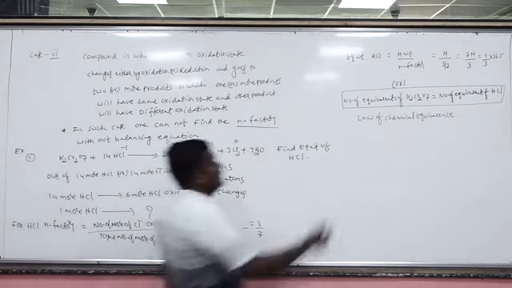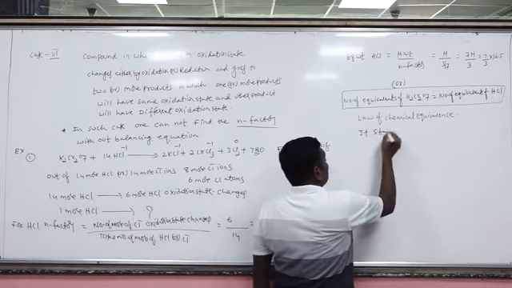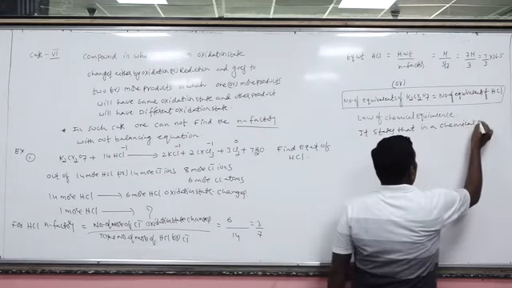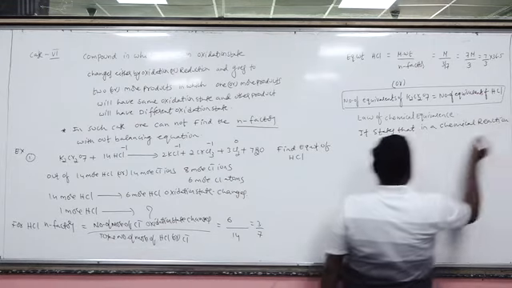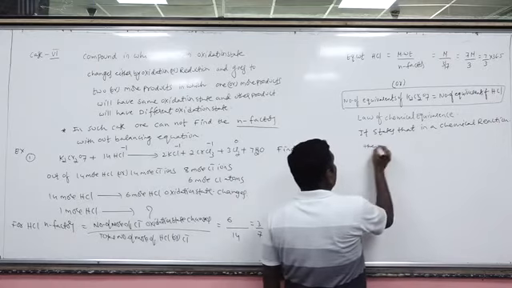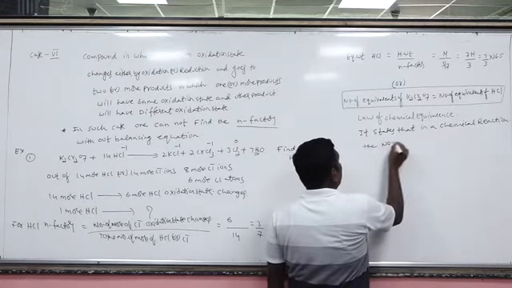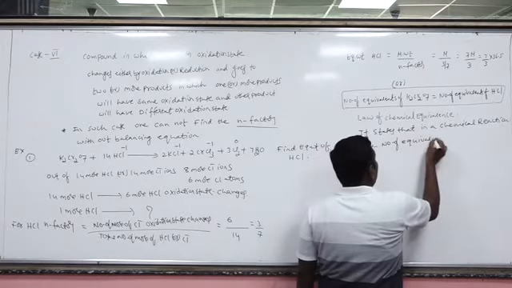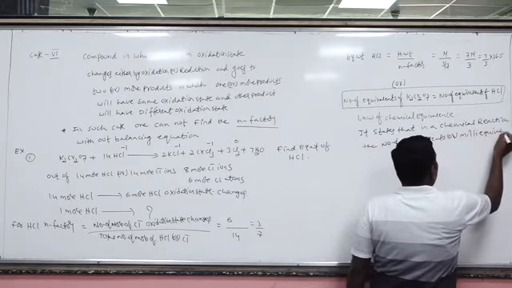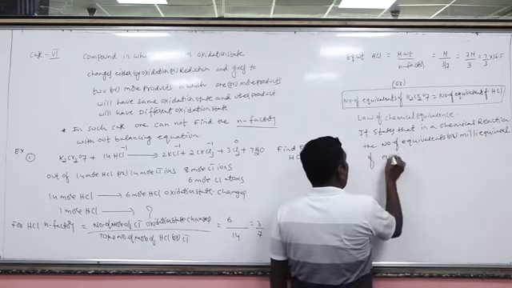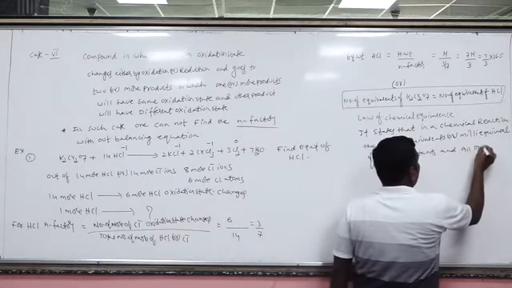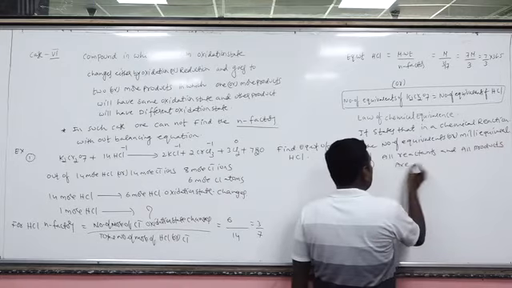Are you getting my point? It states that in a chemical reaction, the number of equivalents, or we can say milliequivalents, of all reactants and all products are the same.